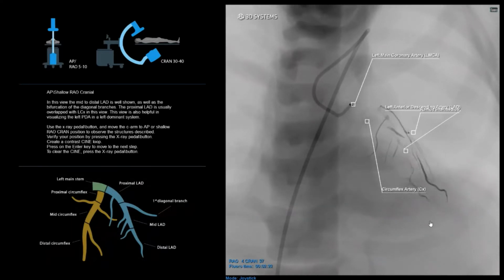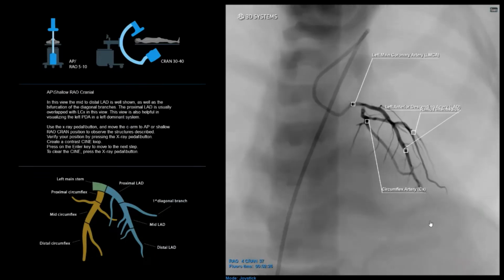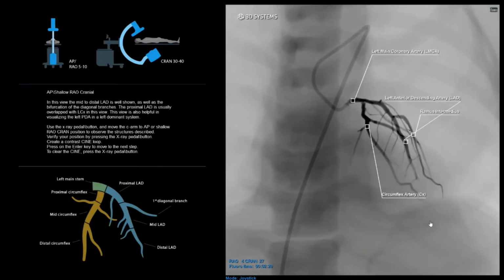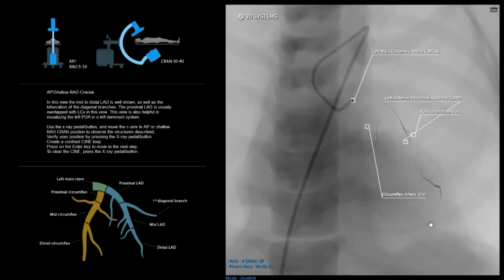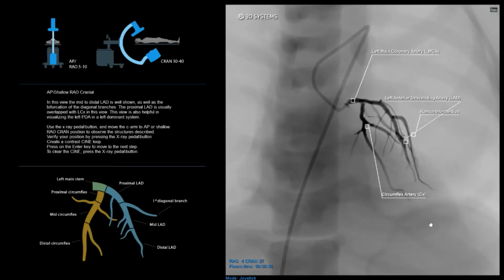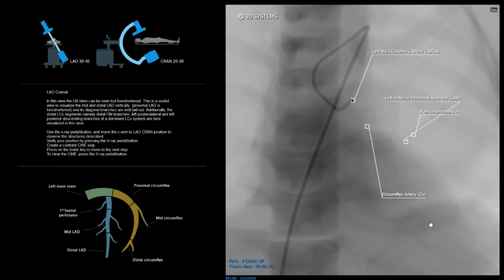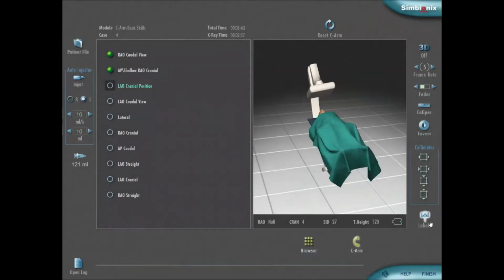There is some overlap in this view, which could be confusing, but otherwise, as you can see, the septals are coming to the left of your screen from the LAD, and the diagonals are coming at a more acute angle onto the right side of your screen. So that's about the coronary anatomy in this view.